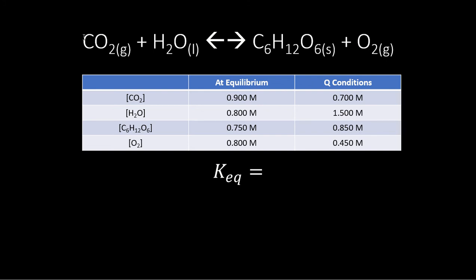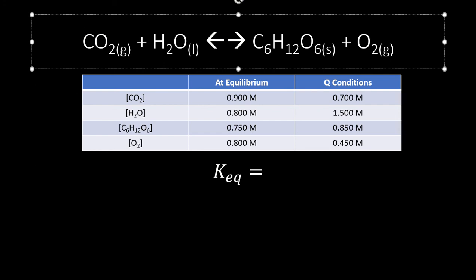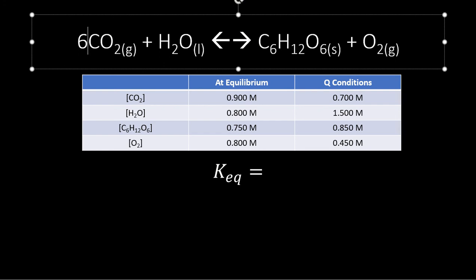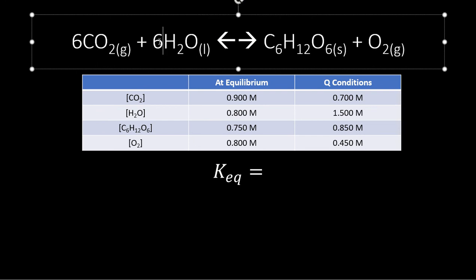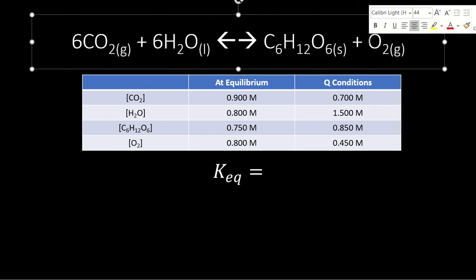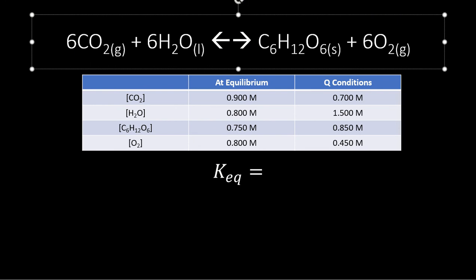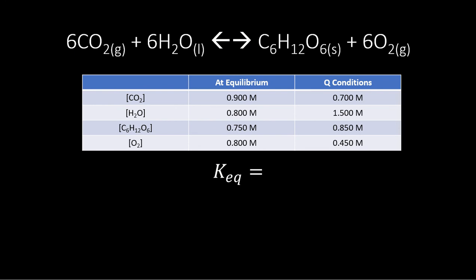In this case, the reaction is not balanced yet, but it's pretty easy to balance it. 6 molecules of carbon dioxide react with 6 molecules of water to form 1 molecule of glucose and 6 molecules of molecular oxygen. And that will effectively have everything balanced.